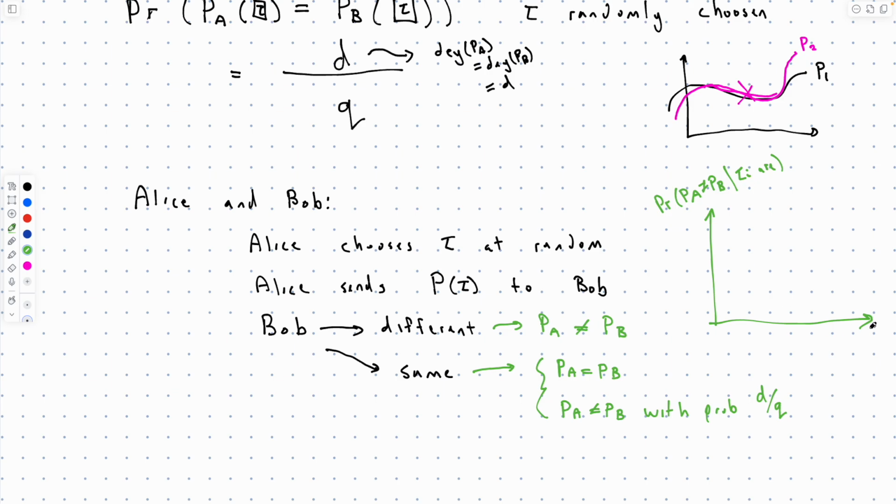I'm going to pick a certain number of points. If I send 0 points, I have no idea.